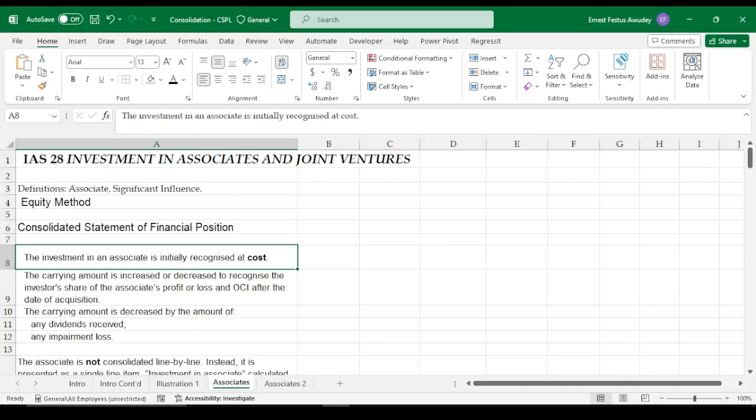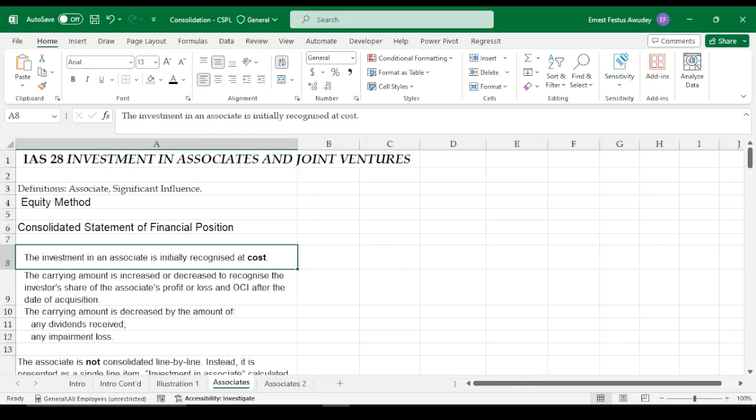Whenever there is control, when the parent has control over the subsidiary, we apply the acquisition method, and that is where we add 100% of the parent's financial statement figures to 100% of the subsidiary's figures to get the consolidated figures. That is what we call the acquisition method. But where there is significant influence, or the entity is engaged in a joint arrangement, then we apply the equity method.